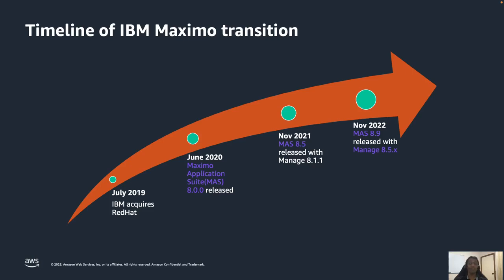In November of 2021 was the first release of Maximo Manage that was released on MAS. The most recent release of Maximo Manage is 8.5, which runs on MAS 8.9. As you can see, there's been a number of version upgrades already since June 2020 when MAS was first released.